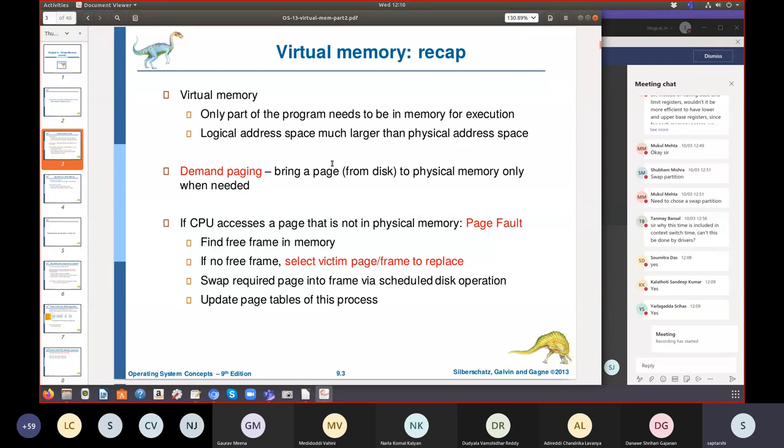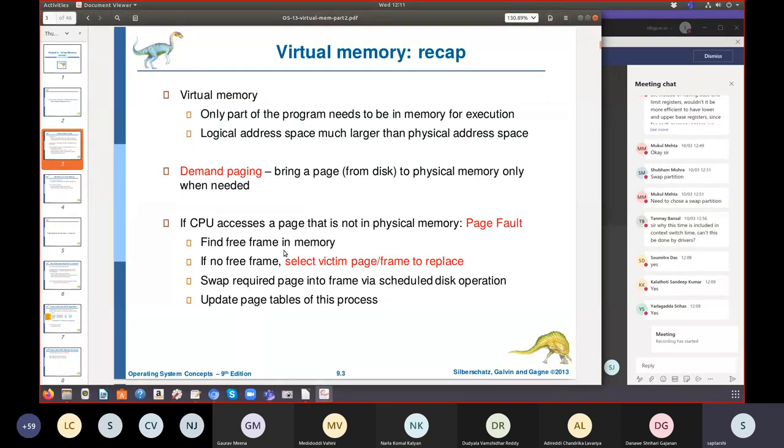This happens usually via software means like the OS, of course, some modules in the OS, the memory management modules, and the memory management unit, which is usually a hardware unit. In this scheme, if the CPU accesses a page that is not currently in the physical memory, it's a page fault.